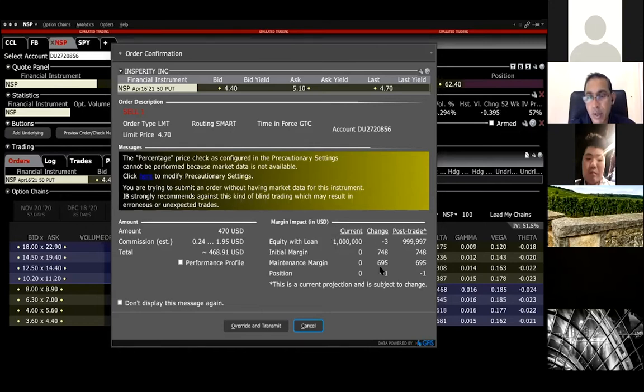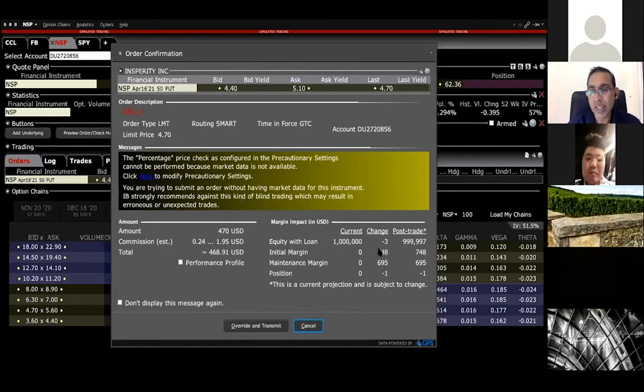Now, after placing that order, remember I showed you that the Interactive Brokers algorithm is evaluating the total risk of the order as $5,000. But the total amount of margin it requires me to put up is not the full $5,000.